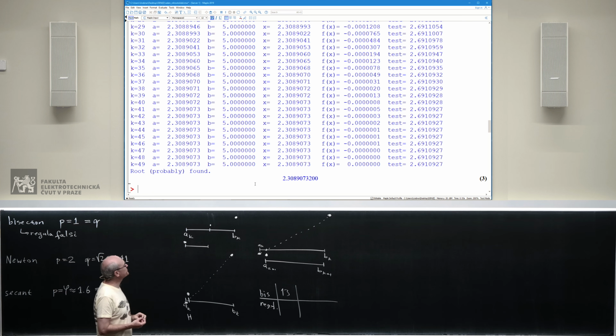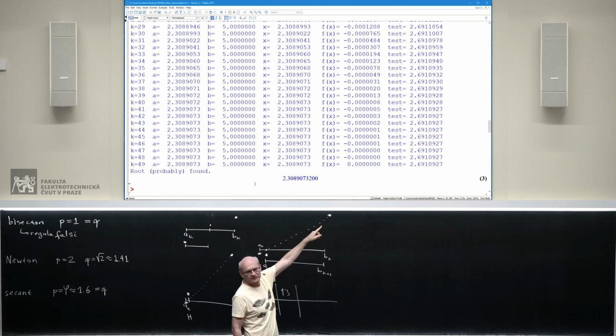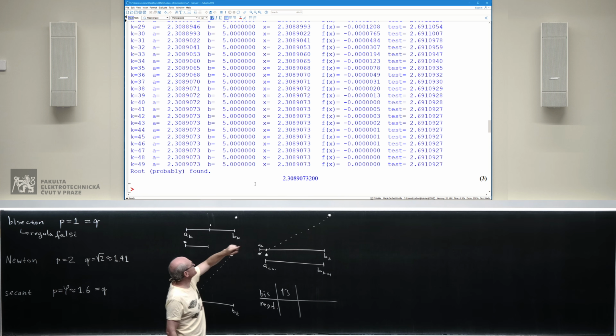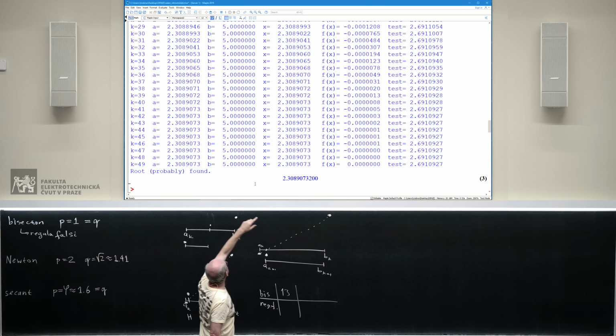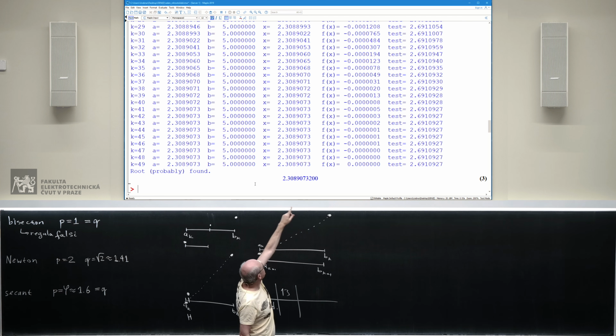Why? Because, well, the procedure actually stopped for a different reason than it usually does. Notice that the test value is still large. And the procedure stopped because it takes those approximations of roots, those x's, which we can see over here in this column. It takes those x's, it substitutes them into the function f, because we need this information anyway, and then it checks whether perhaps it's not 0.